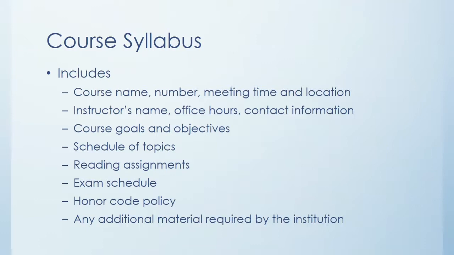The course goals and objectives, and depending on the instructor, these may be extremely vague or non-existent, or they could be extremely detailed. The schedule of topics. Some of this might actually be on Canvas or your learning system. Reading assignments, exam schedule, honor code policy, and then universities usually have some additional material that they require, such as things on disability accommodations, things like that.